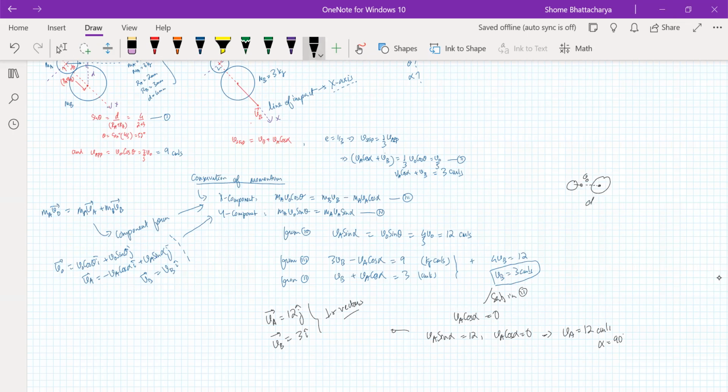This is the D equal to 0 case. It's not the center to center distance. It's the line of action of V0. You extend that line of the vector V0 and drop a perpendicular from the center.